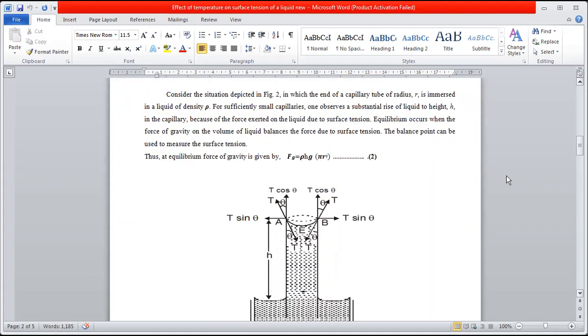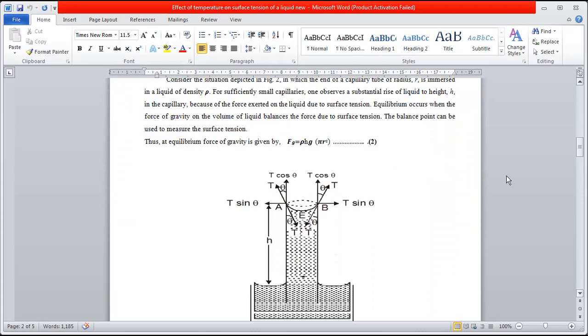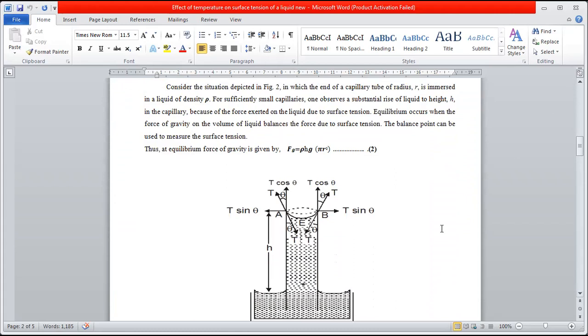Consider the situation as depicted in this figure 2. The figure 2 is redrawn. Here a beaker is there. Inside the beaker you have a liquid, and this is the capillary tube you have inserted into, or immersed in, this liquid.